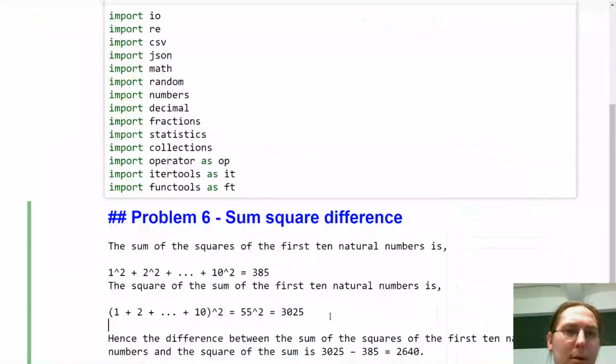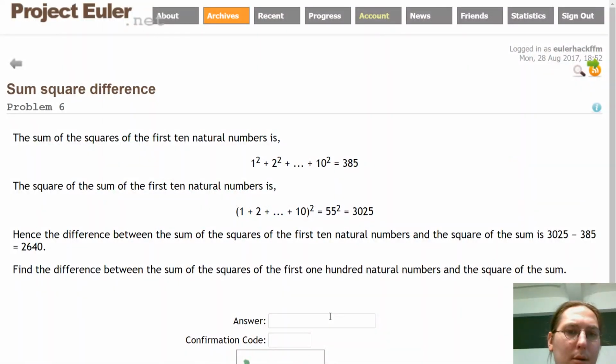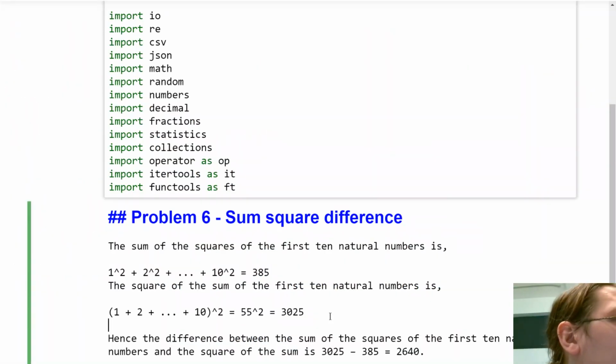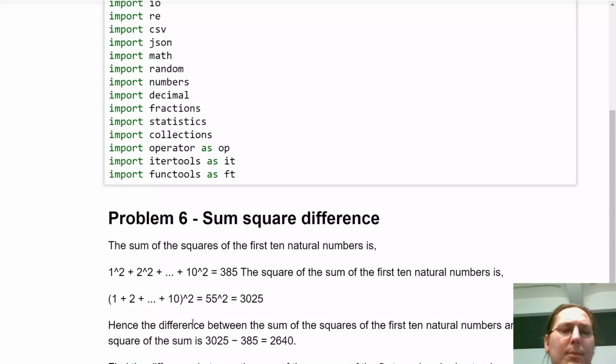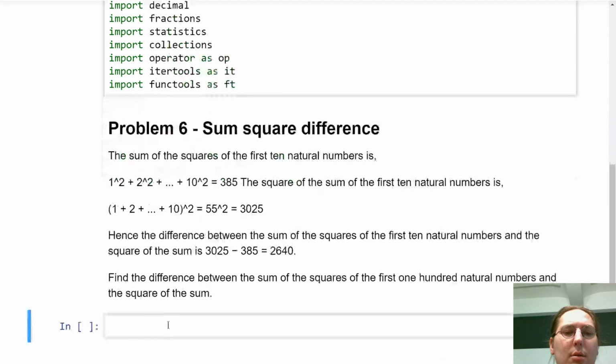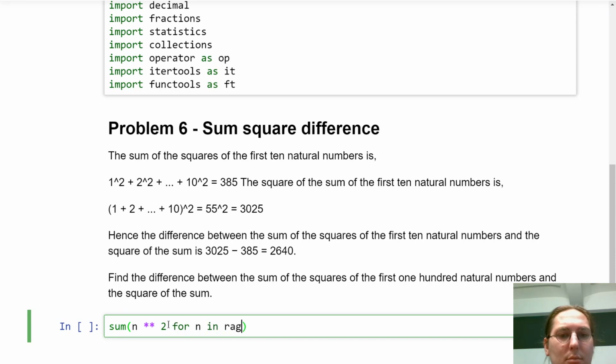The sum of integers from 1 to n is n times (n plus 1) over 2. I think it was n minus 1, wasn't it? I don't know. N plus 1. Okay, you're right. And to the power of 2. It is done in one line.